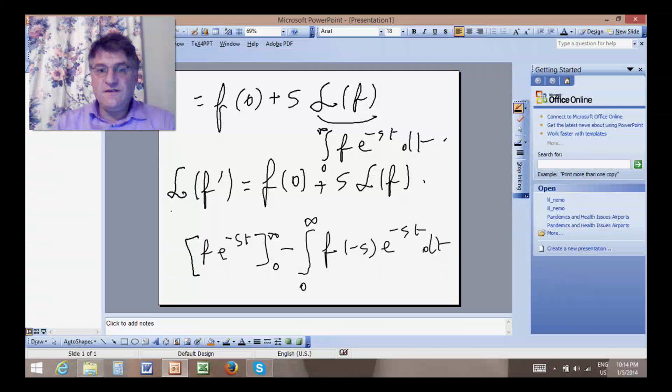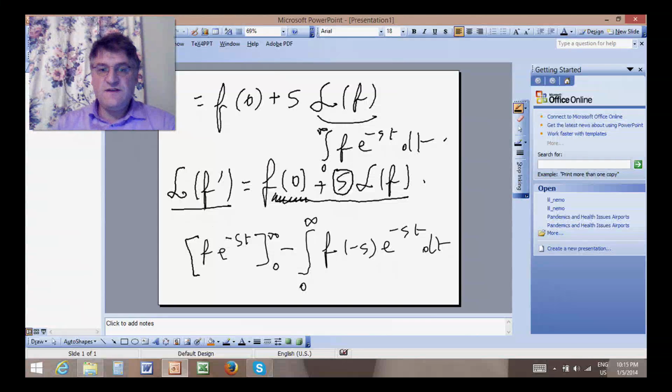What that means is that it is much easier to compute derivatives in the Laplace domain than it is in the time domain. In the Laplace domain, computing a derivative is just multiplying by s, and incidentally also adding f of 0.